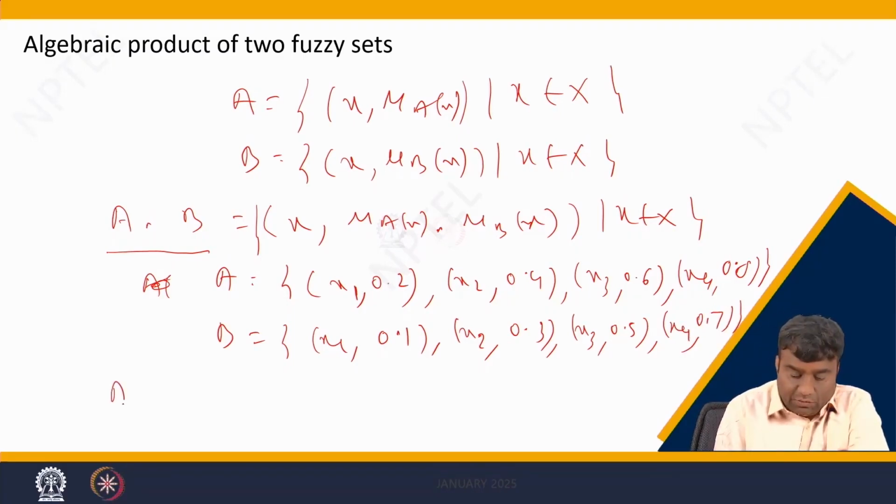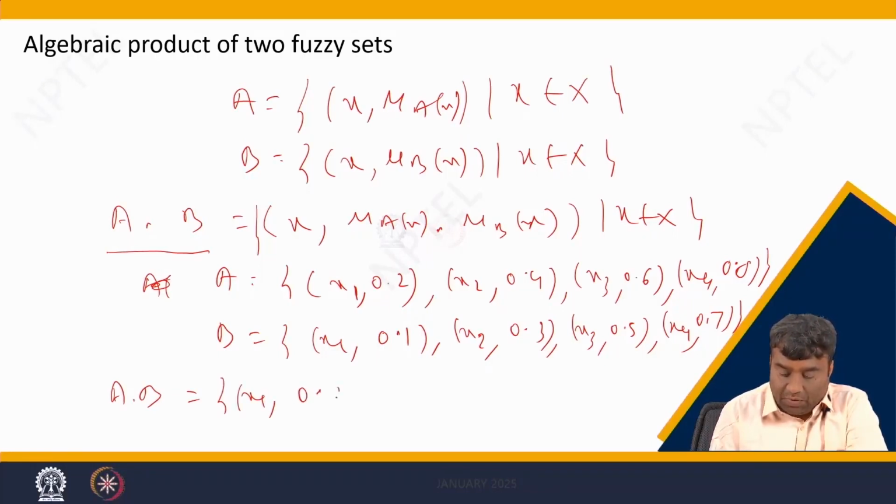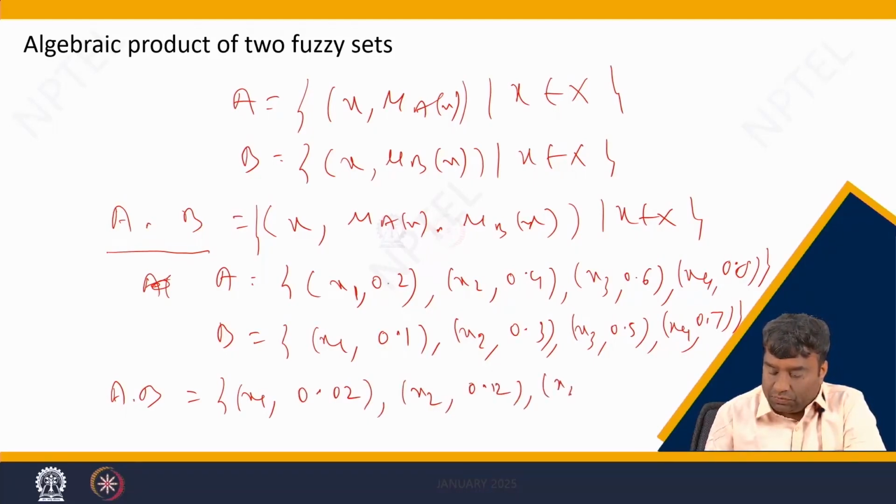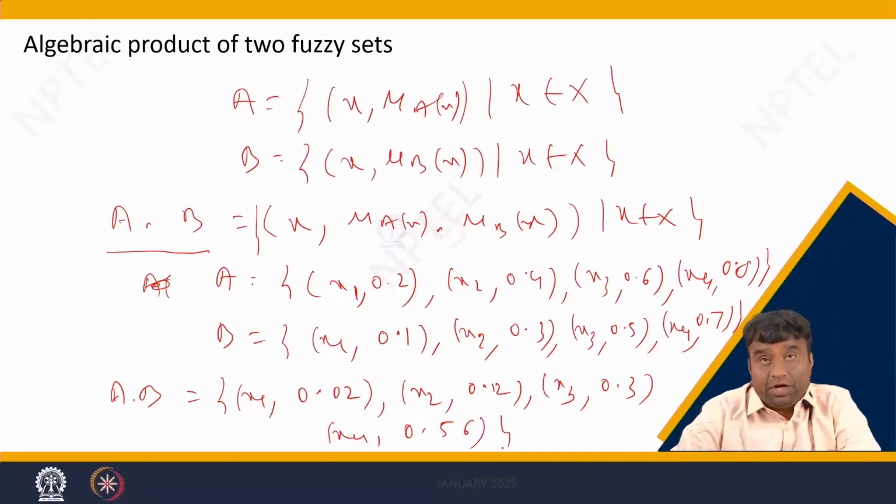So A into B, the algebraic product of these two fuzzy sets, is x1 0.02, x2 0.12, x3 0.3, x4 0.56. So this is the algebraic product of two fuzzy sets A and B.